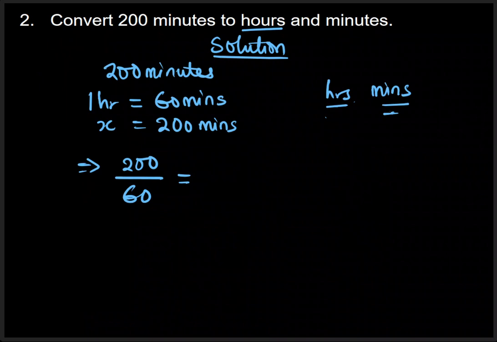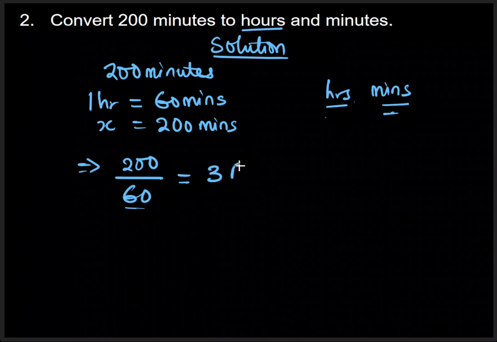All right. So what do we have here? This is divided by 60. How many times does 60 go into 200? Take the division straight. Don't cancel the zeros, don't reduce. Use 60 to divide. So 200 divided by 60 will give us how many times? That will give us 3 times. That's 180.